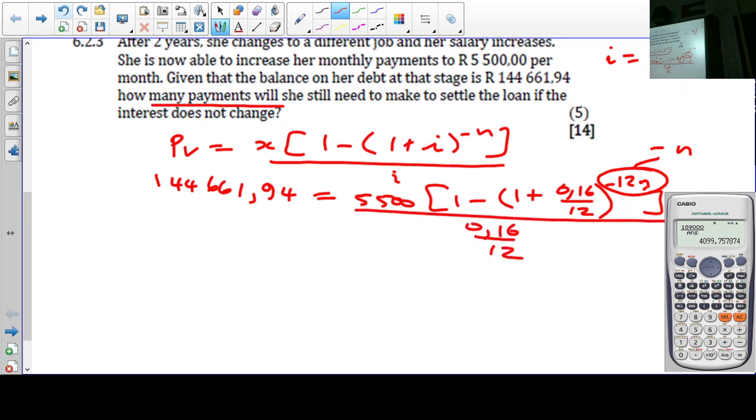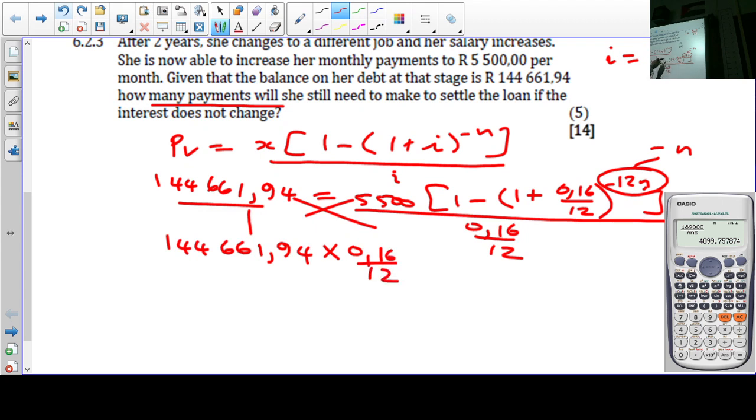So what I'm going to do first is cross multiply. That's going to be 144,661.94 times 0.16 over 12. Then I have 5,500 times that. Then in the next step I would divide by 5,500 both sides. Then I'm left with 1 minus that.